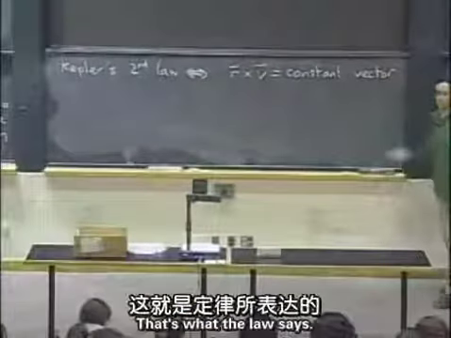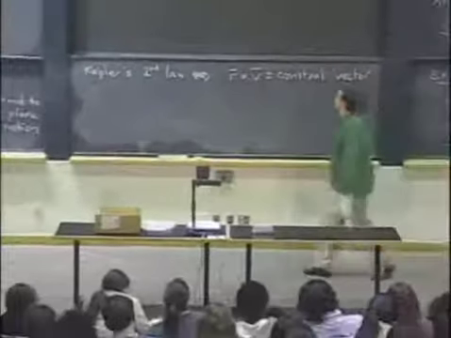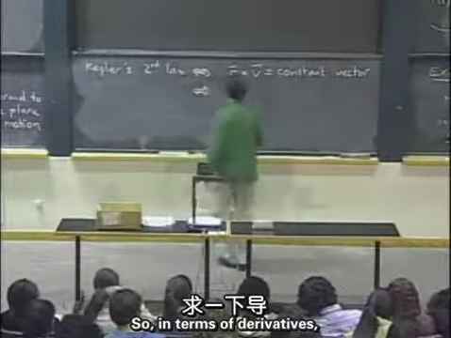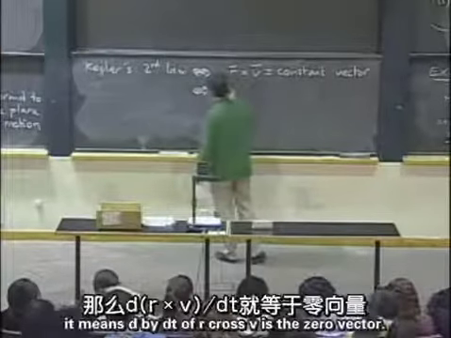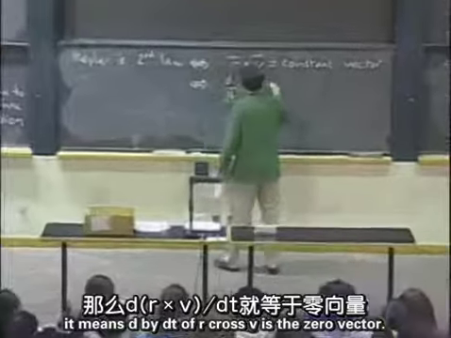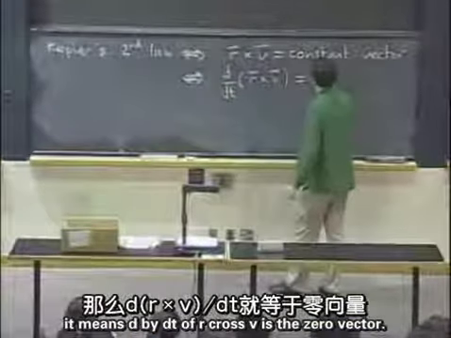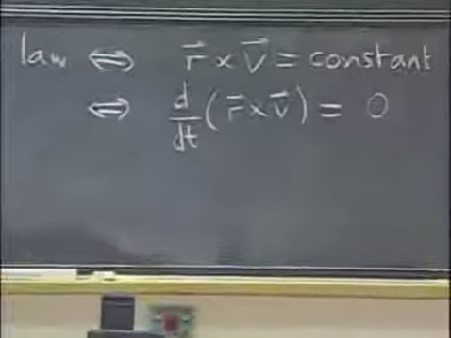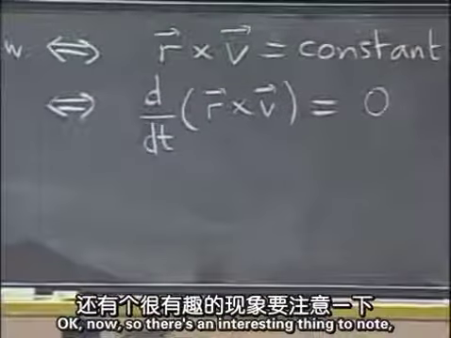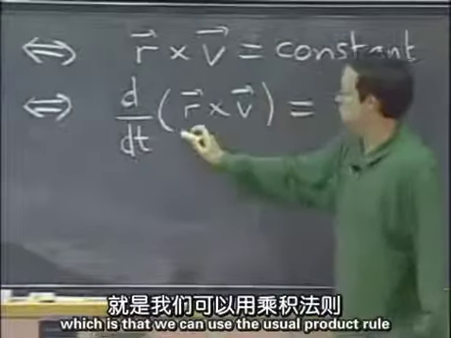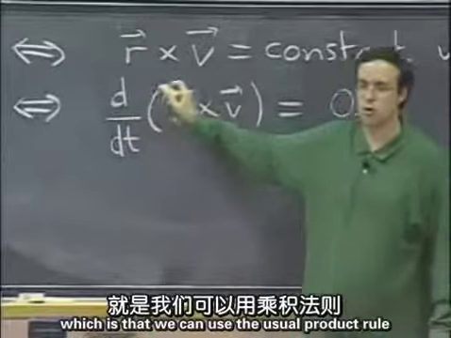Okay? That's what the law says. So in terms of derivatives, it means d by dt of r cross v is the zero vector.